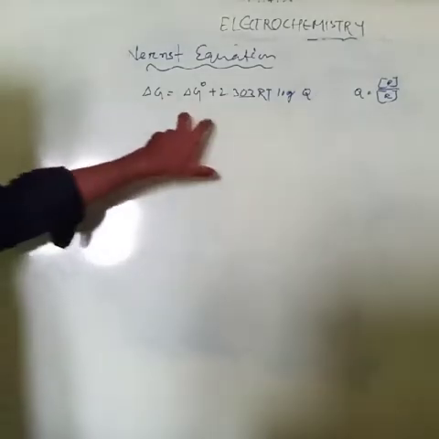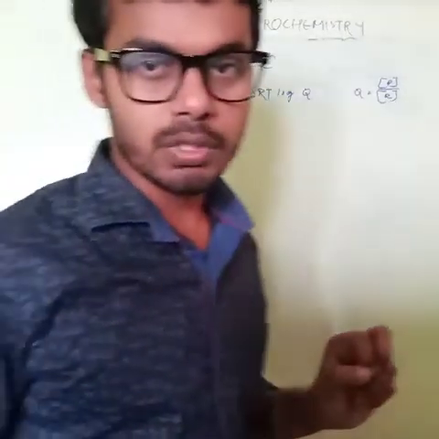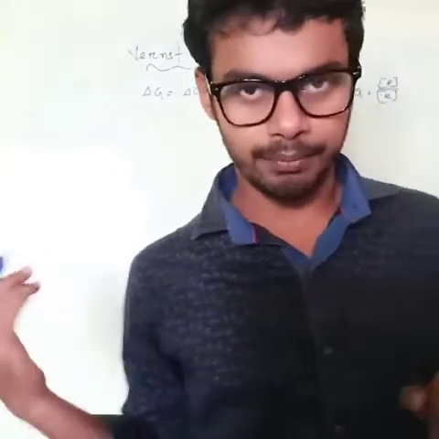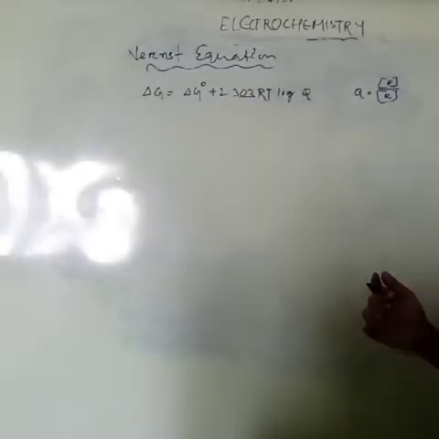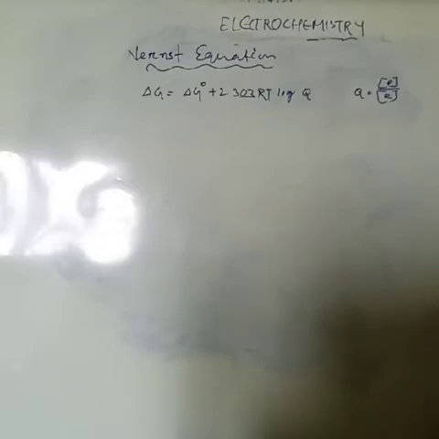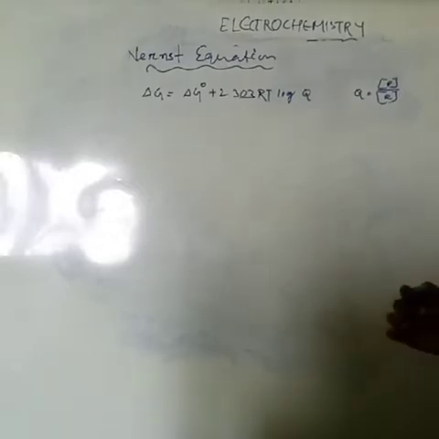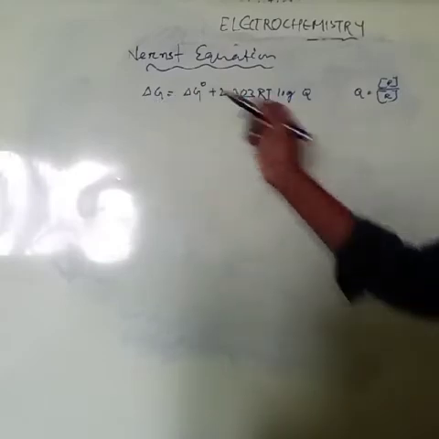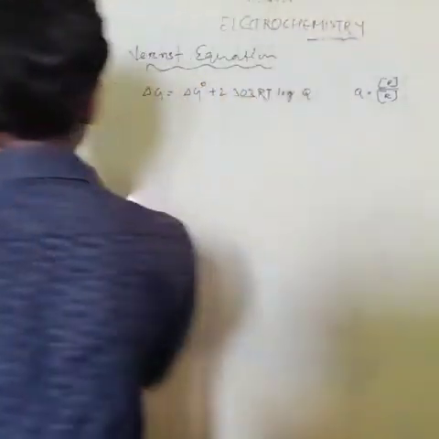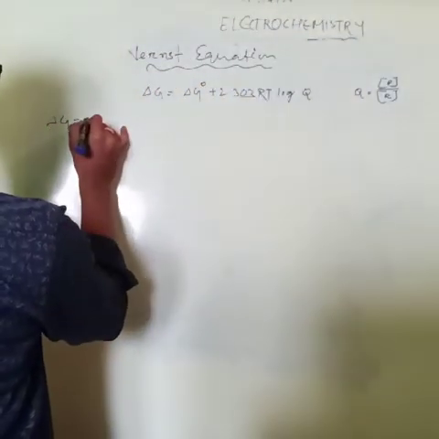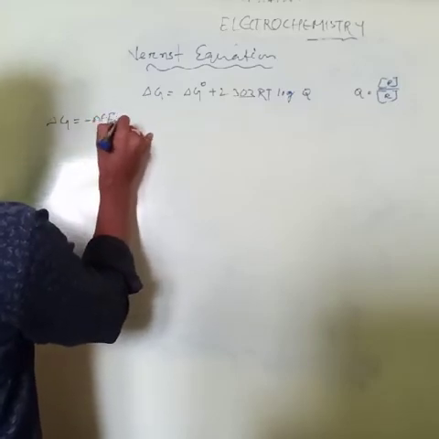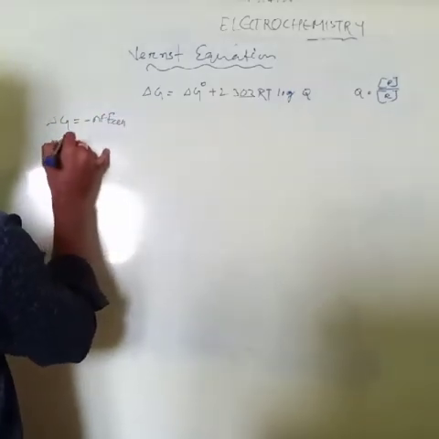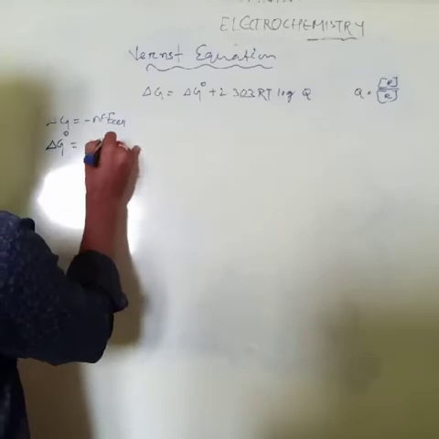From this we need to derive the Nernst equation. So now put the value of del G. We know del G is minus nF E cell, and del G naught is minus nF E naught cell.